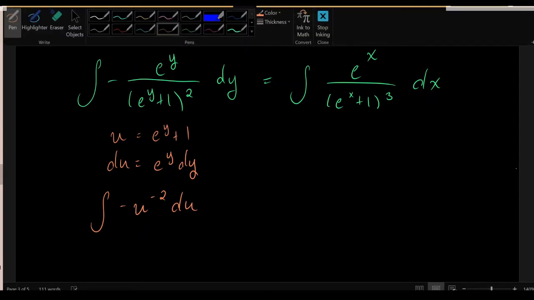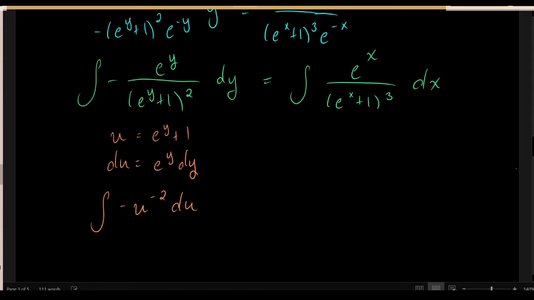On the right-hand side, I'm going to do something very similar. I'm already using u for something else, so maybe I'll use v. I'll use v equals e to the x plus 1, so that dv is equal to e to the x dx. And that transforms the integral on the right side into v to the minus 3 dv.